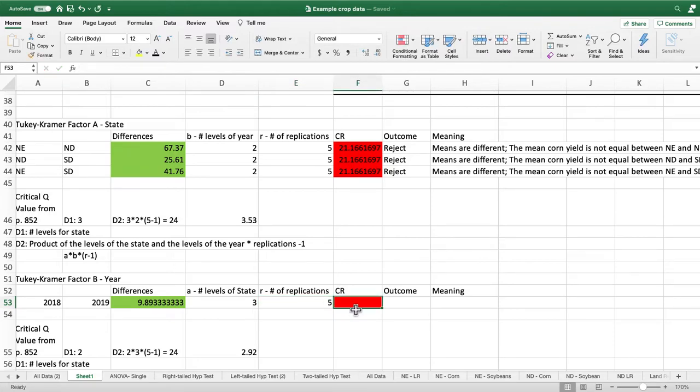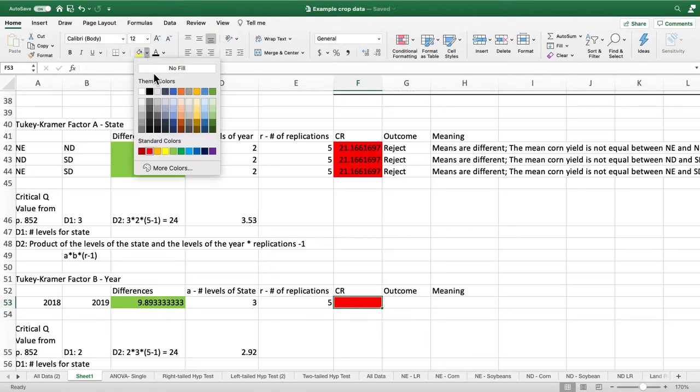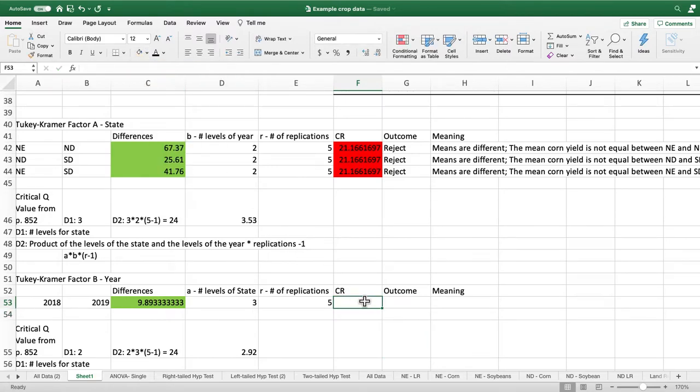So to get our critical range, we again type in our Q value. And we don't want that to change, so let's absolute reference that. Let's get rid of the red before we do this. All right, let's try this again.